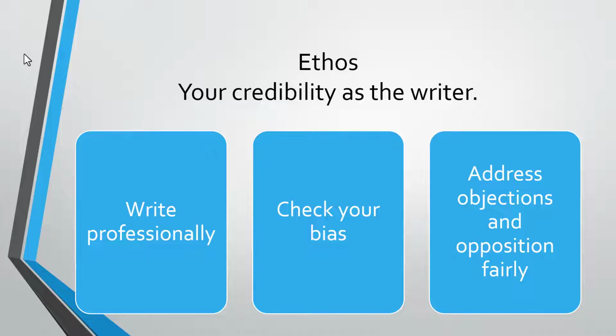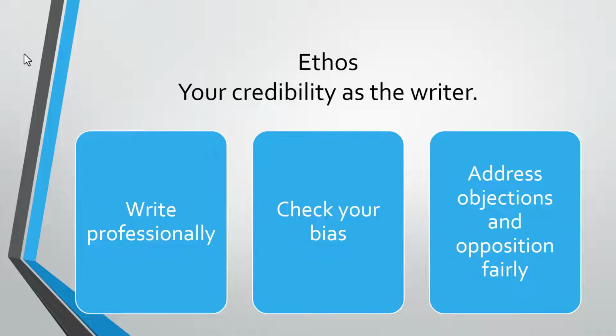Next, we need to check your bias. Are you biased on this topic, and does that show in the writing? If it does show, your reader will pick up on it and say, this writer seems very biased, so I don't know if I trust them. We need to address objections and opposition fairly.